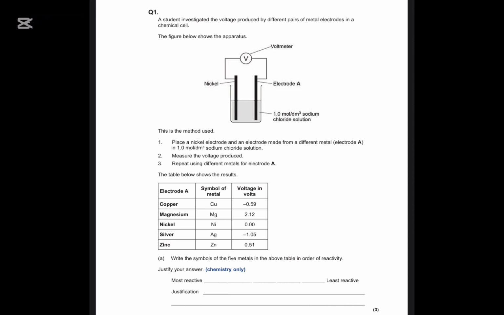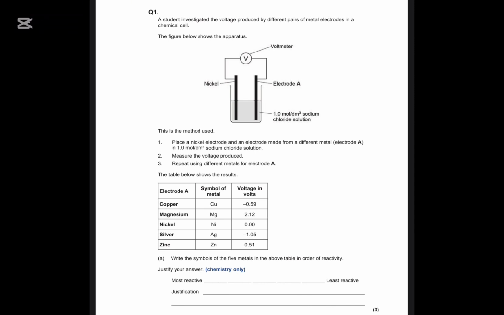One thing you need to know is that they say we should arrange it from the most reactive to the least. So the most reactive there is magnesium, before zinc, before nickel, before copper, before silver.